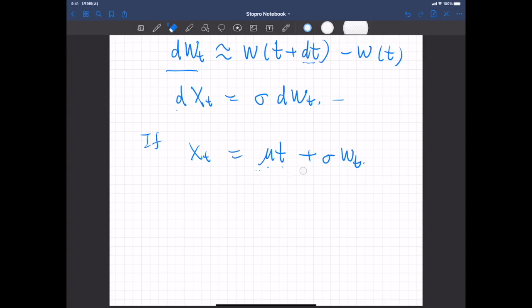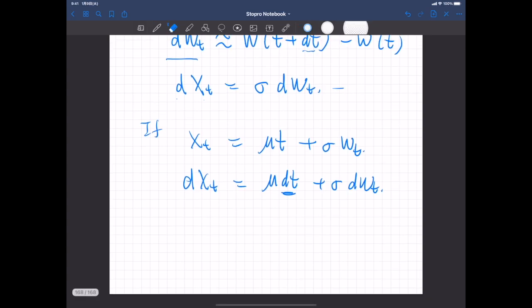Okay, in this case, the corresponding stochastic differential equation can be written as this: mu dt plus sigma dWt. Okay, so this dt is something we usually find in an ordinary differential equation.